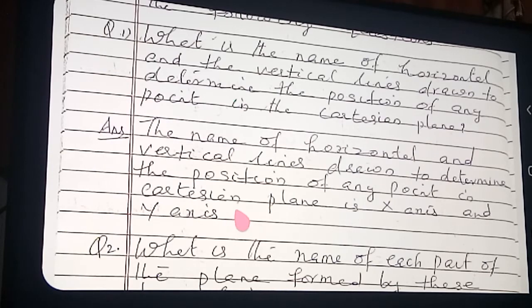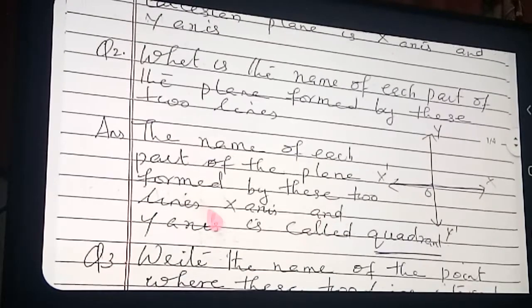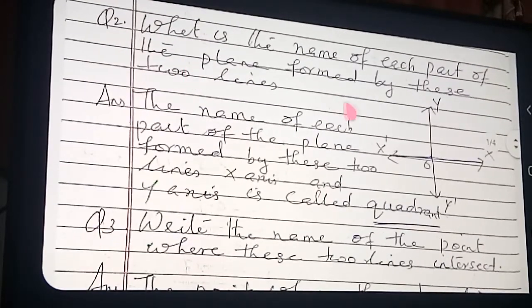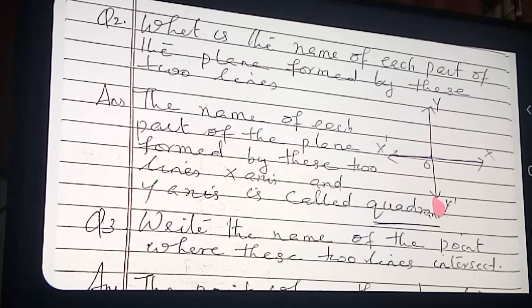Okay, see the second question. What is the name of each part of the plane formed by these two lines? I have already drawn the lines. See here, x dash x is drawn and y dash y is also drawn.